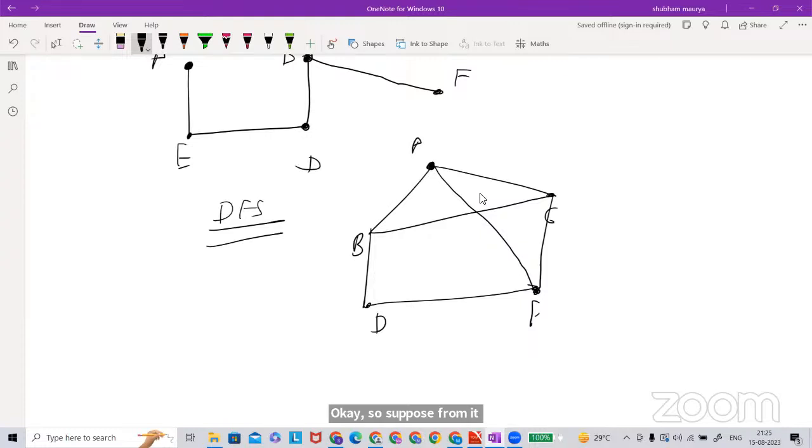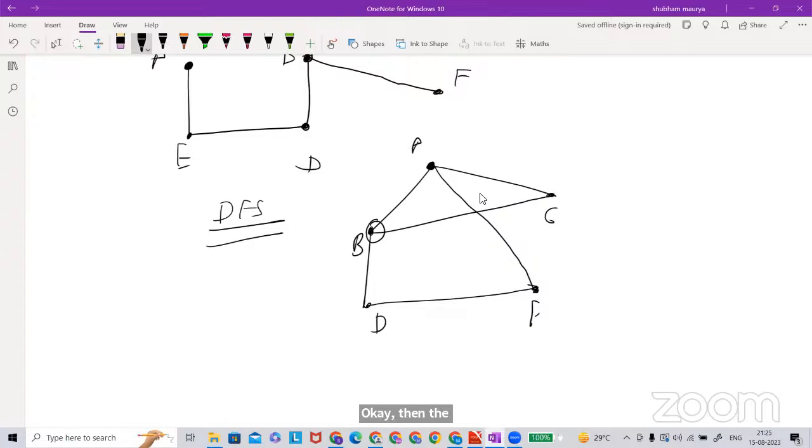Okay. So from A I visited B and I reach B and start exploring B. I have to make a difference. So suppose is this one, I have to erase this one. Okay, then the branch will become here.